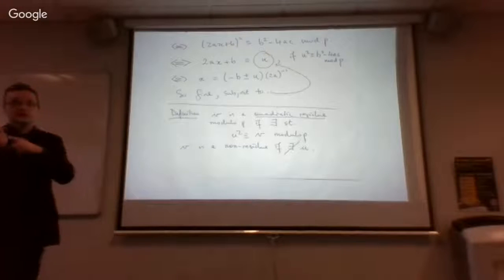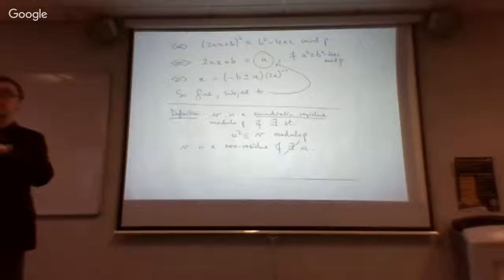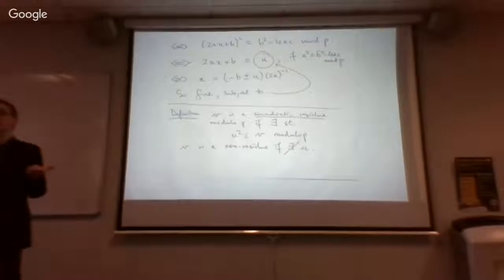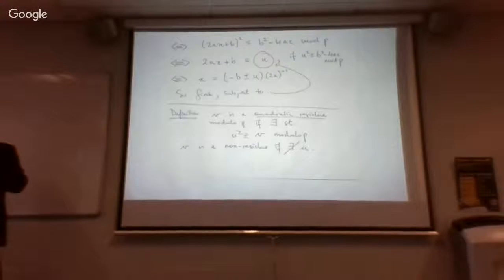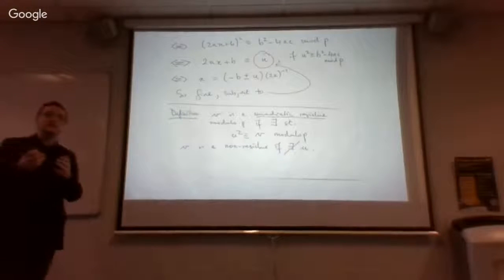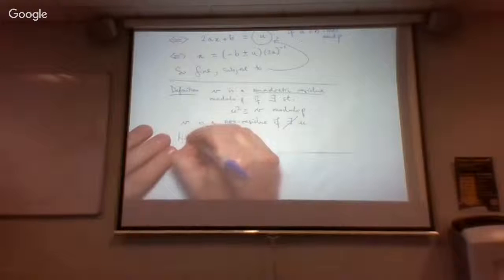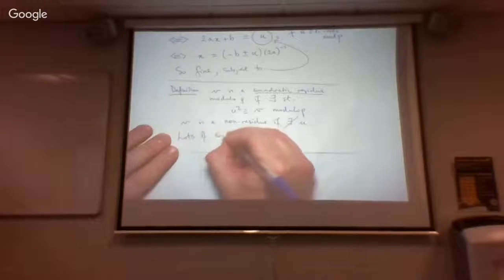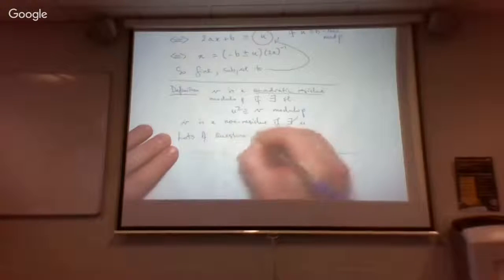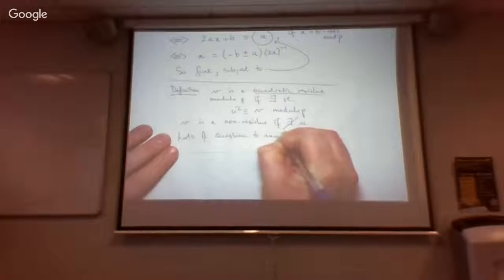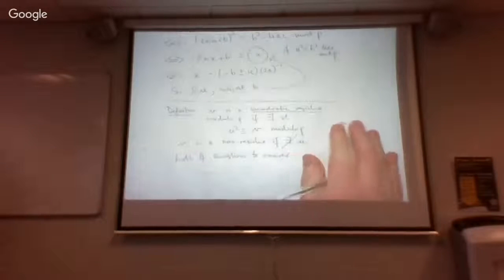And even if you can tell it does have one, can you find it efficiently? And are there any more efficient methods for finding them than just trying all the possibilities? So, lots of questions to answer about these, which we'll go on to investigate now.